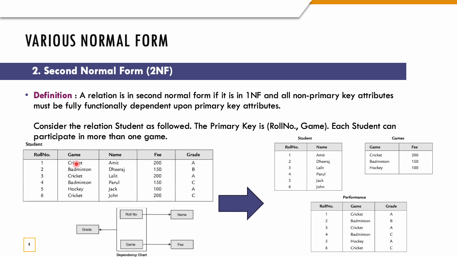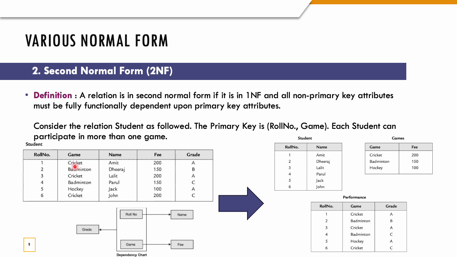So the problem is that the student relation in first normal form still has anomalies. There is a deletion anomaly: deleting a student in this table might remove information about a game, right?